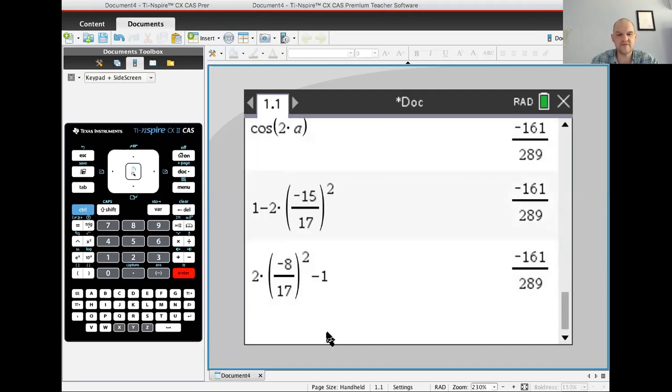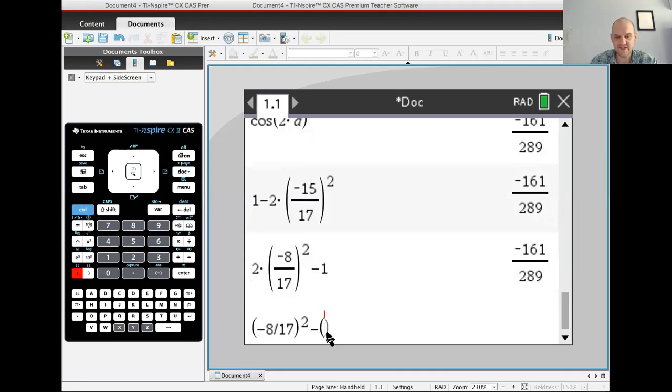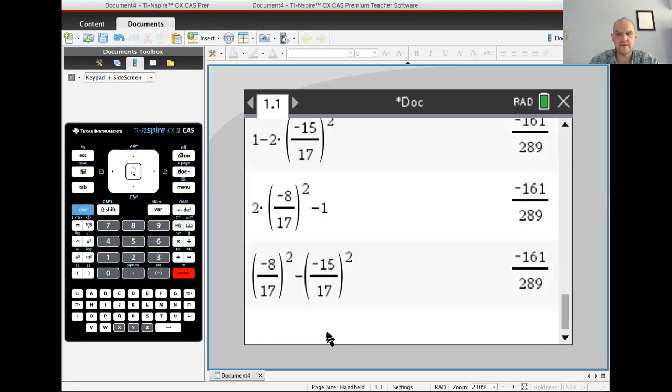Same result. You could have done cosine squared, so negative 8 over 17 squared minus sine squared, negative 15 over 17 squared, and you get that. No matter what you do, you're going to get the same answer. So it's not super important which one you choose, because you will get the same result no matter what. 161 over 289. I'm excited. We're almost done with this.